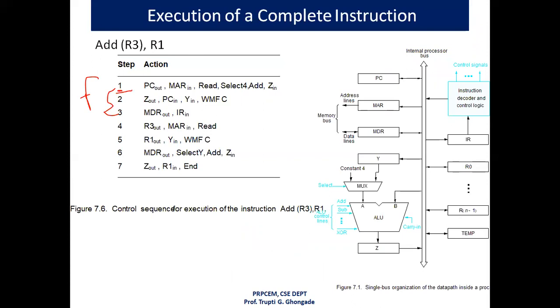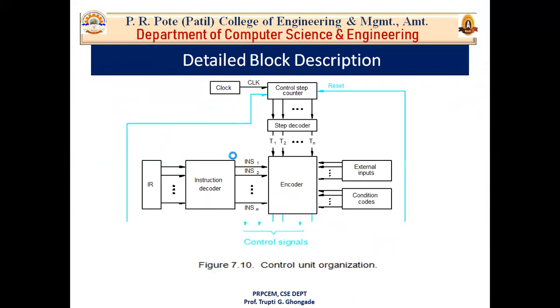What is our instruction? Add R3 comma R1. After that we have to perform add. So add Z in. Now here we are performing add at step number 6, and in step number 6 we also have Z in. That's why this is written as T6 dot add. That means in this step number 6, we are performing the addition operation with Z in.